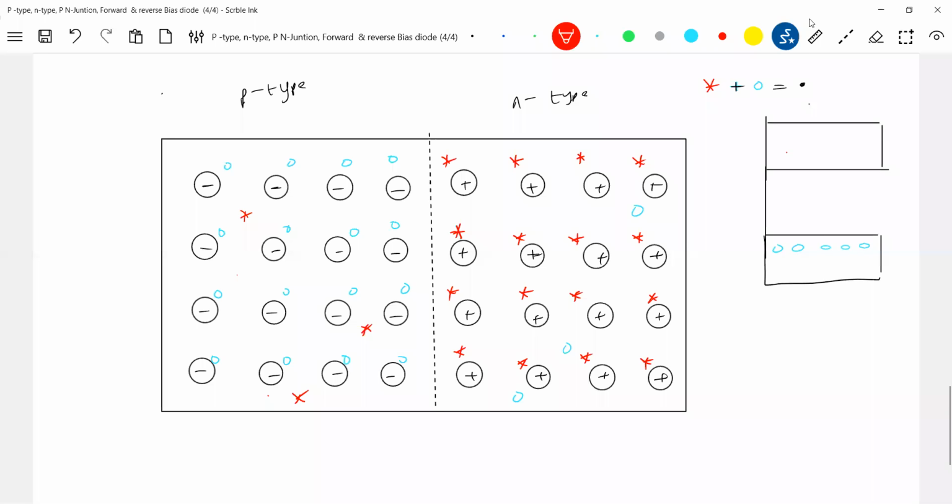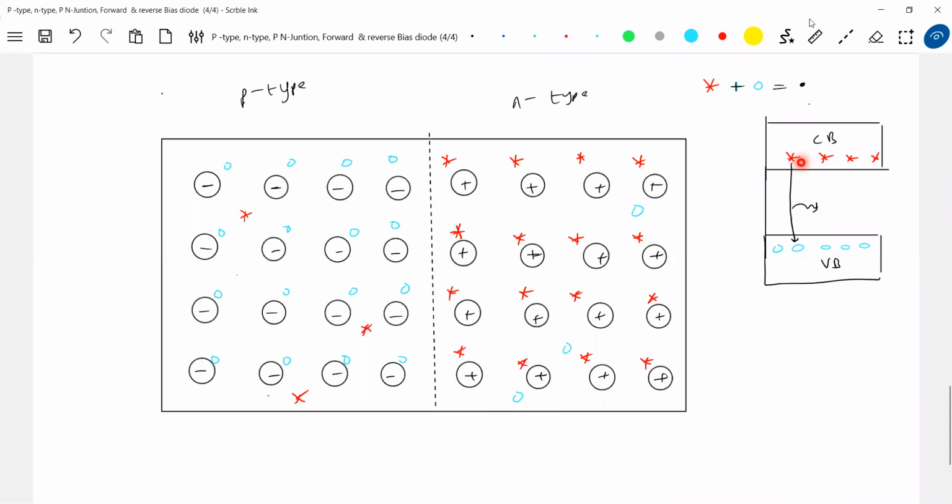If a free electron makes a transition from a higher level to a lower level, go back to the hydrogen spectrum, it will give out energy, no? This energy will be absorbed by the material itself. So when the free electron is captured by the hole, what do we get? We get a valence electron. That valence electron we don't show here.